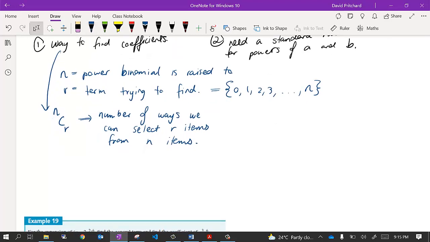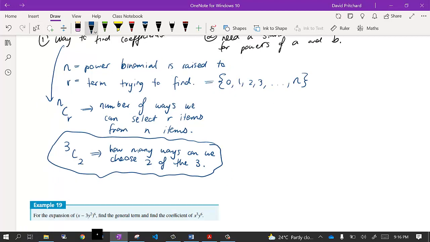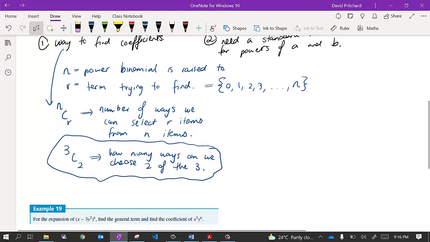So a simple thing might be if we're looking at 3C2, then what this is saying is how many different ways can we choose 2 of the 3? So if we've got 3 things, how many different ways can we choose 2 of them? This is a way that we're going to use to determine the values for Pascal's triangle.